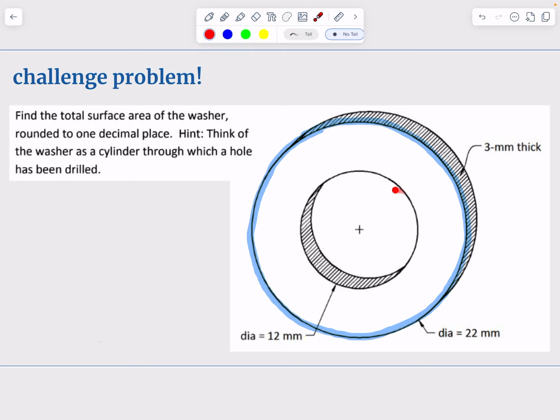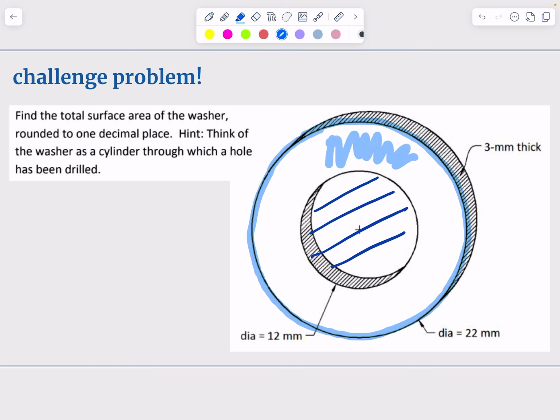So if I could find the area of the big circle and then find the area of the small circle and subtract that small circle area away, right? Like if I could take this middle part away from the area of the big circle, then I would have the part that I'm looking for, just the part that is the washer left over, right?